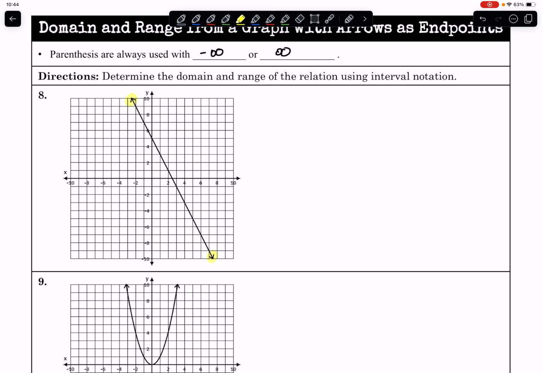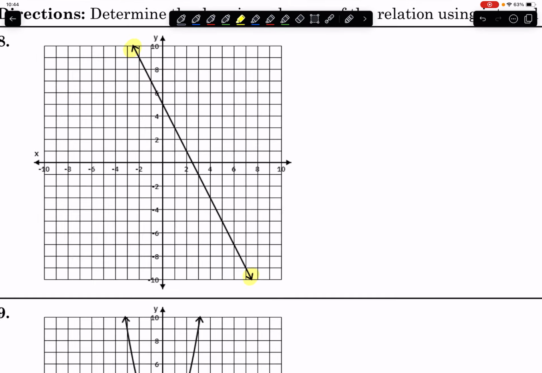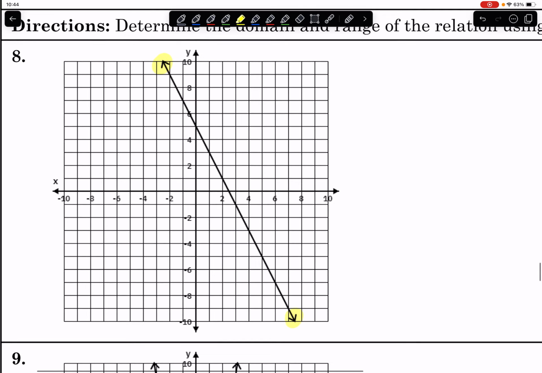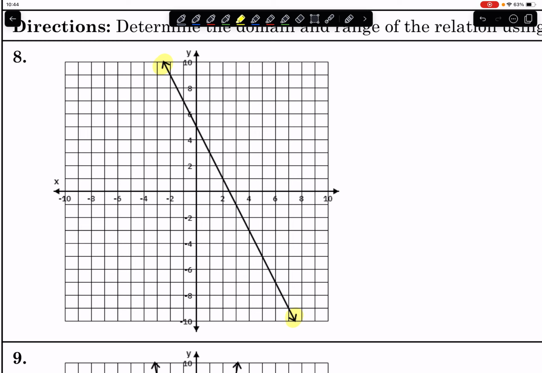It continues moving to the left. -4 is not the farthest to the left that this graph reaches. It's going to continue moving further and further to the left until we get to -infinity. And the same thing with the arrow on the right. This arrow on the right is not going to stop right here at -8. It's going to continue moving to the right all the way to +infinity.